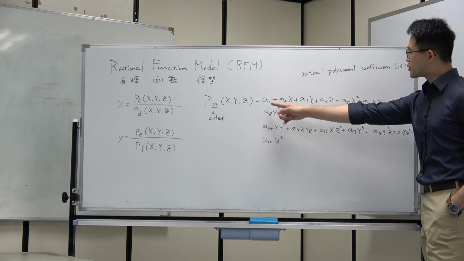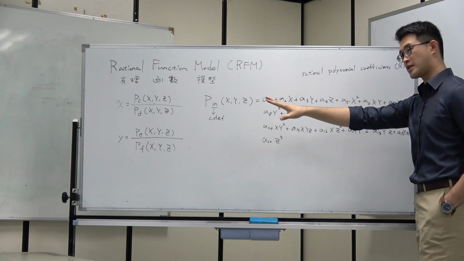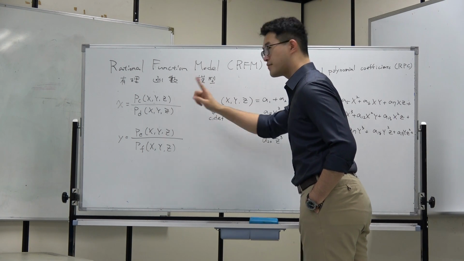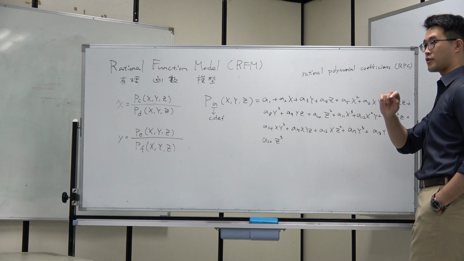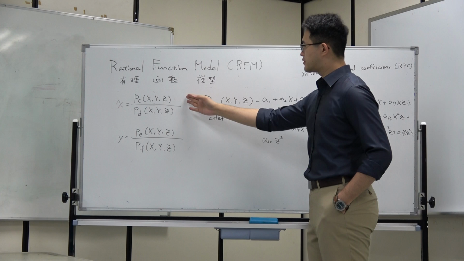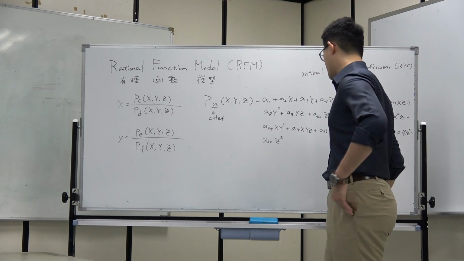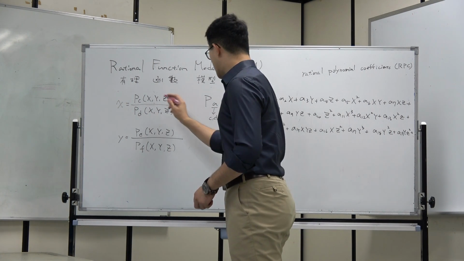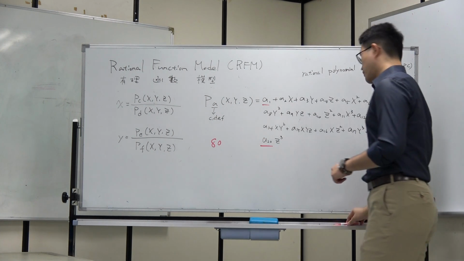And those coefficients, a1 to a20, are for one polynomial function. We have four polynomial functions, and one polynomial function has 20 coefficients. So in total, we have 80 polynomial coefficients.